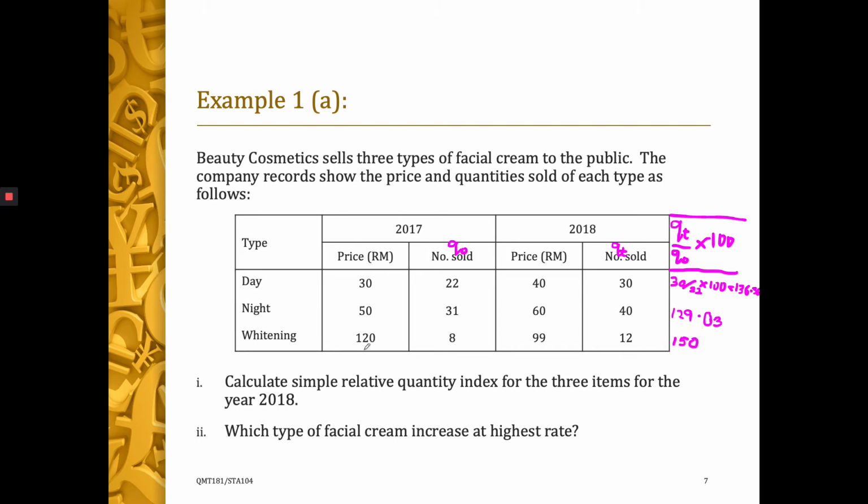So this is how you calculate the simple relative quantity index. Which type of facial cream increased at the higher rate? If you look at these 3 items, the one that gives you the highest value shows the highest rate. Whitening cream.